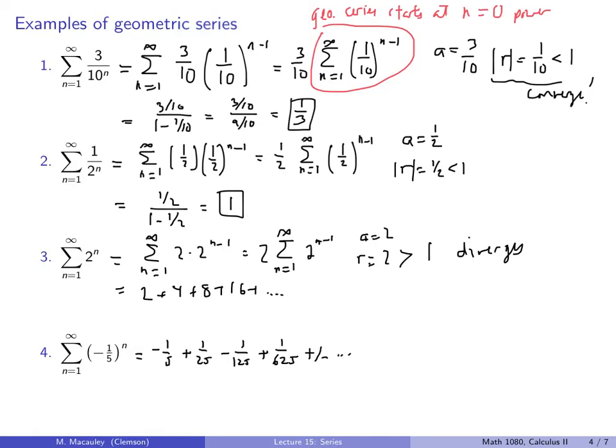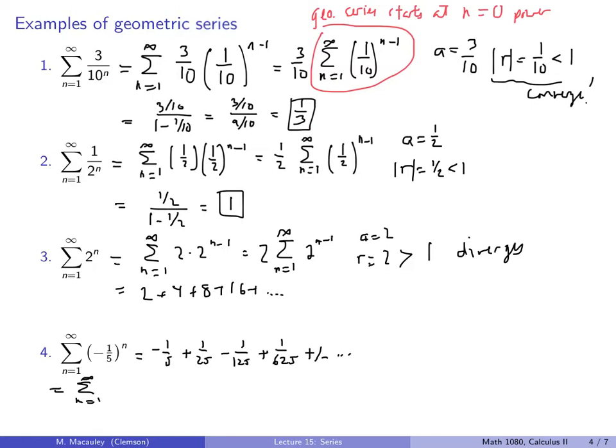Okay, so let's write this in our form. So this is the sum from n equals 1 to infinity of n powers of negative 1/5.